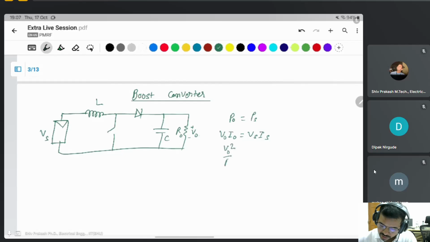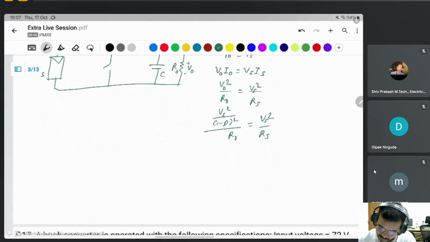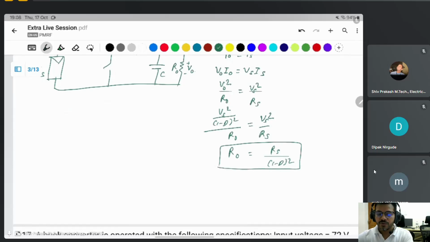This will be V naught square by R naught, and V naught square will be Vs square divided by Rs. V naught in the boost converter is Vs divided by 1 minus D. Vs square will cancel out, then R naught is equal to Rs divided by (1 minus D) square.